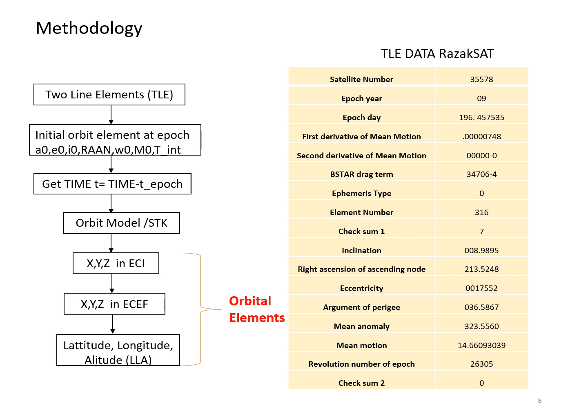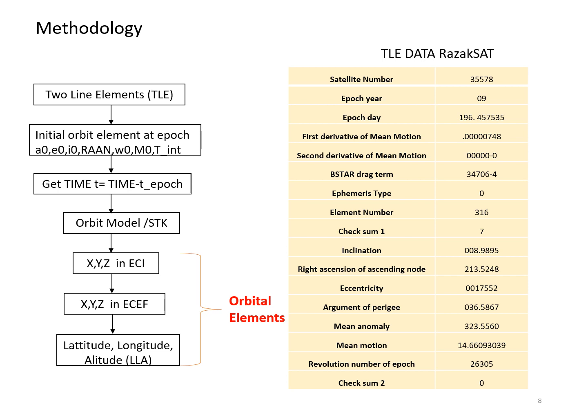The position vector calculation starts by extracting the TLE to get the satellite epoch time, which is the initial time when the satellite entered the orbit. Using this information, we get the initial orbit elements at the epoch. Then we use the orbital model, the Keplerian orbit model, and STK to generate orbital elements.